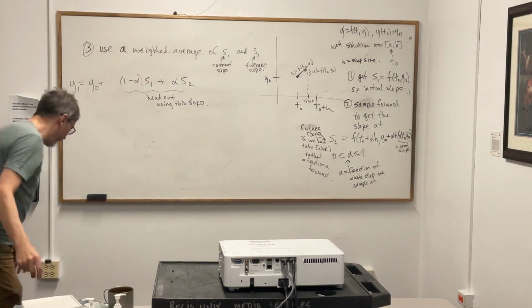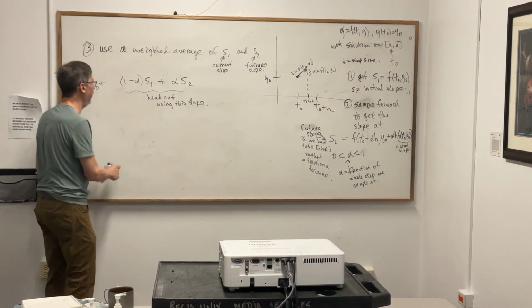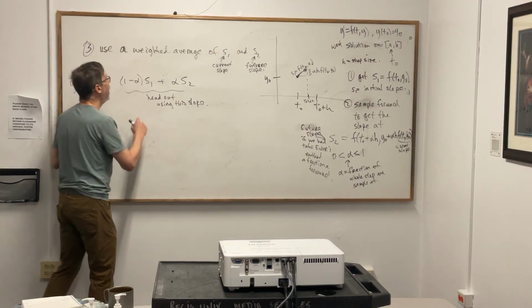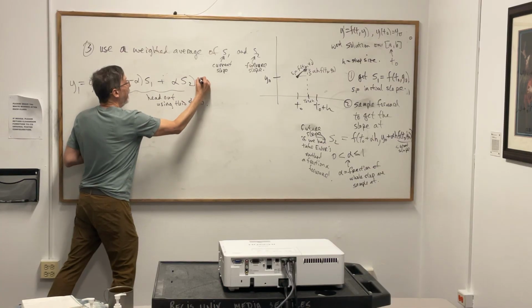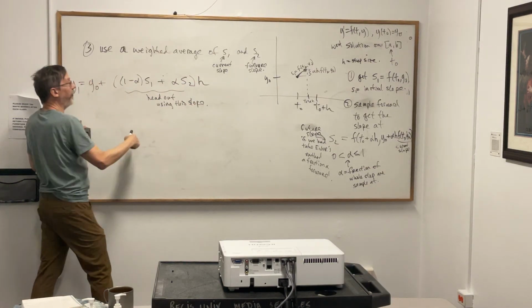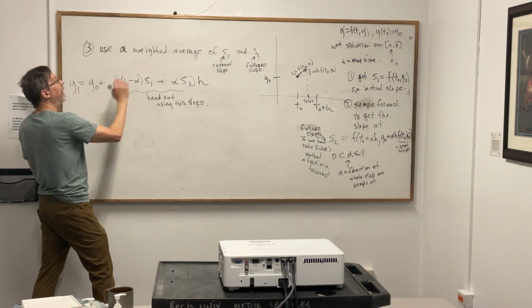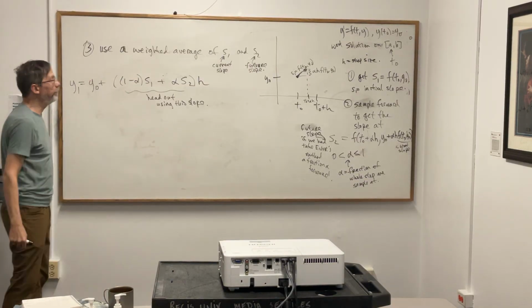Okay, I'm not insane, at least here. We're going to head out and have that times h. And then we'll take the full step, but using this new composite slope.